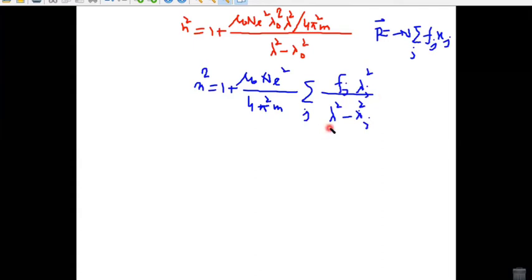So this is all about the derivation of the Sellmeier dispersion relation with lambda and other values.